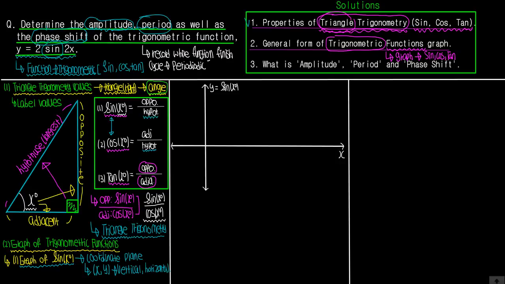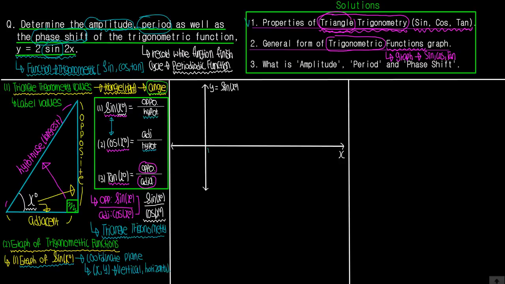And what is a periodic function? It is a function that has its own period, in another way, its cycle. So for the sine of x degrees, every single trigonometric function will be divided by multiples of 90 degrees.